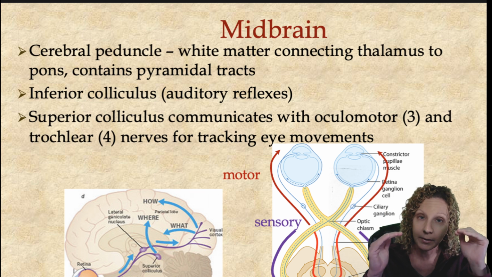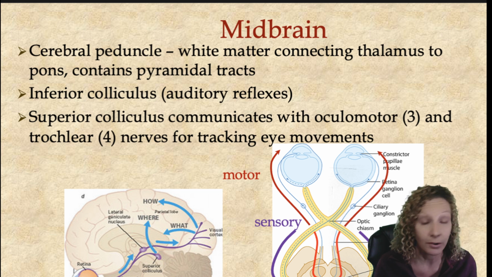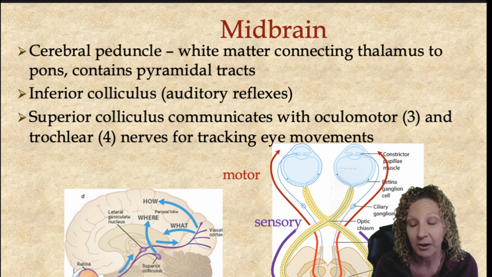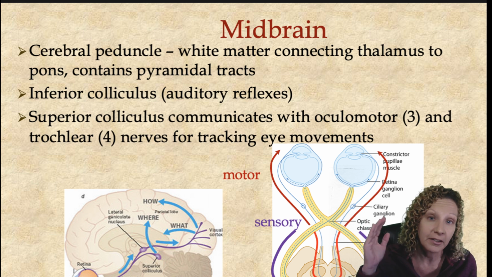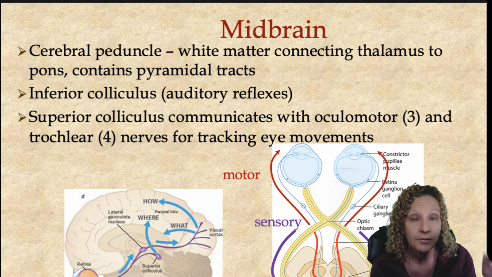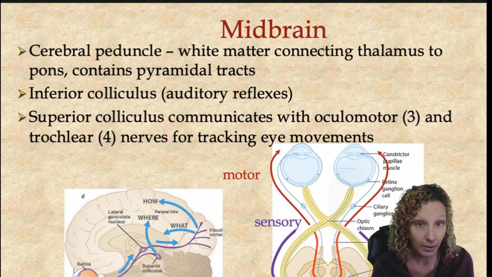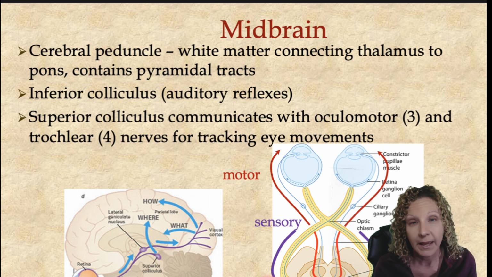Okay, and then going up to the midbrain, this is where we saw those interesting structures that look like a butt on a toilet seat. Remember me talking about that in the lab video? That's the superior colliculus and inferior colliculus, and this is where they are. The superior colliculus is associated with vision information, and the inferior with auditory information.